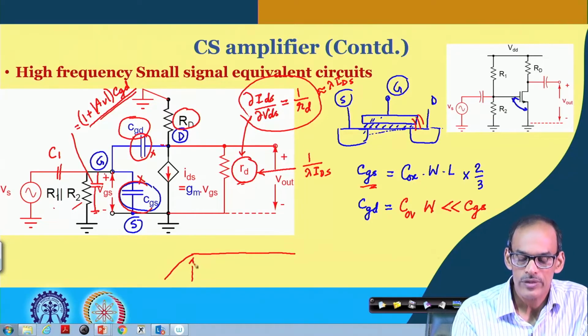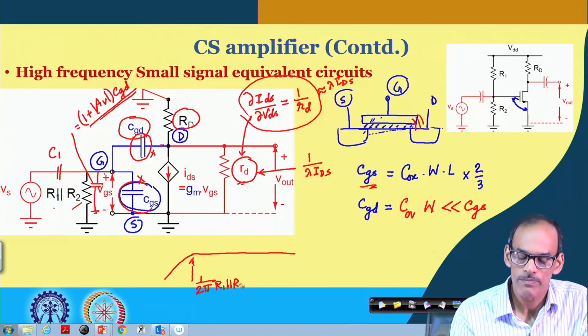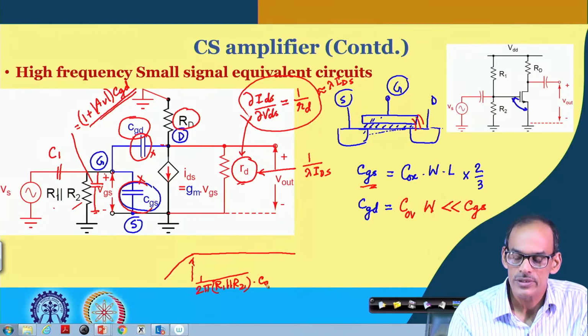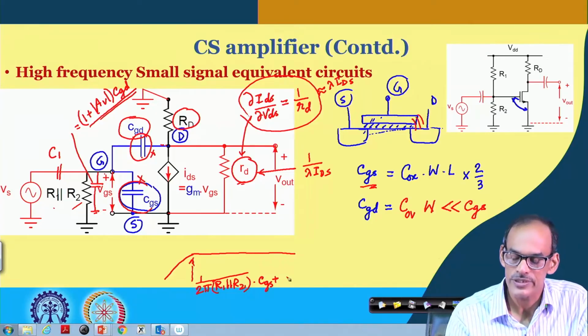So, this lower cutoff frequency is 1 by 2 pi, this R1 parallel R2 into the input capacitance, and input capacitance is CGS plus the effect of the CGD, which is 1 plus AV times CGD.